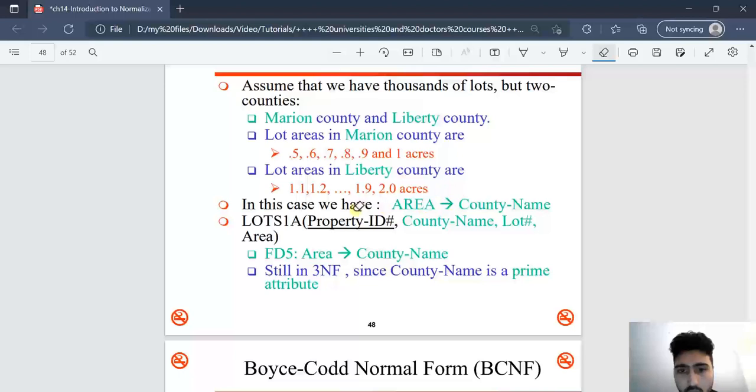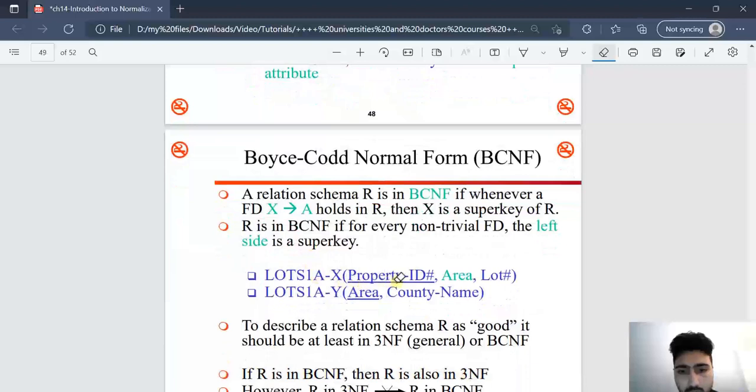So in order to convert lots 1a from 3NF to BCNF, we need to decompose it and separate these two attributes into a new relation. Here I name it lots 1ay, and we put here the area and the county name, which break the BCNF rule.